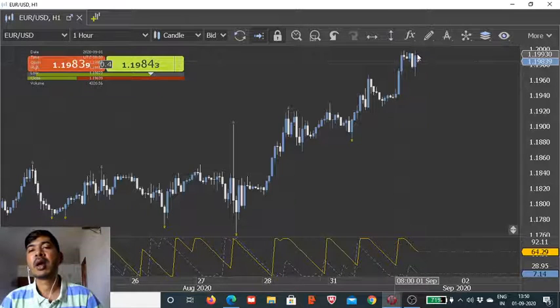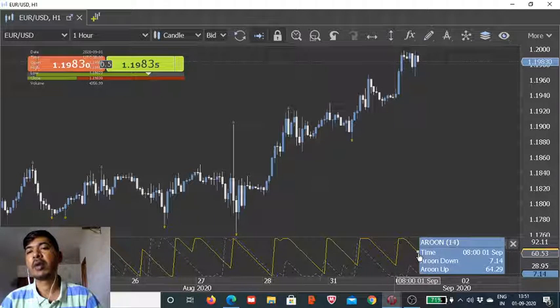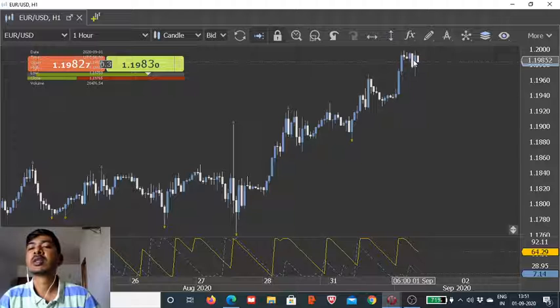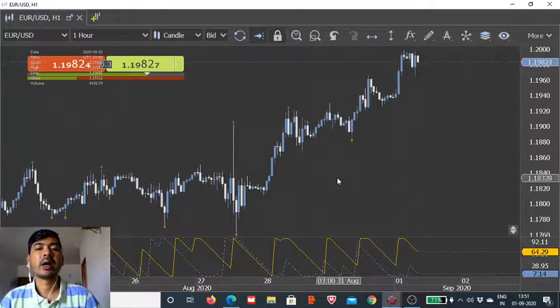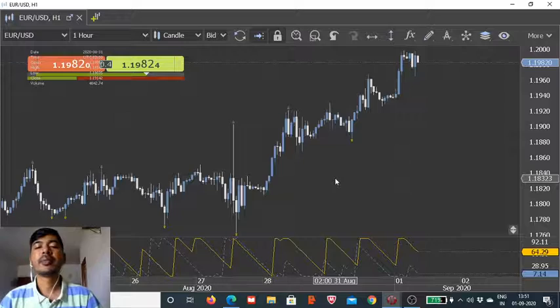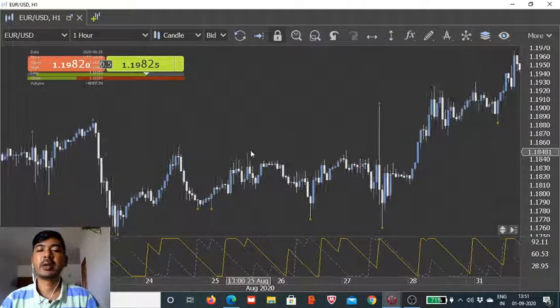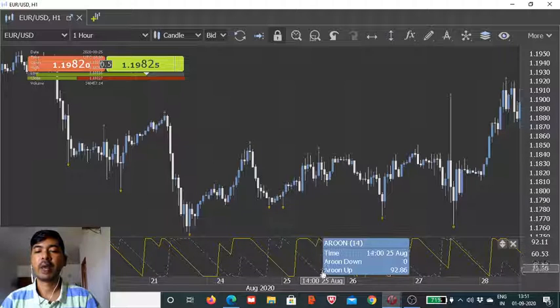Now as time has elapsed since the 14-hour high and we are not really making any fresh high, gradually the AROON value is going down, and if no fresh high is made in the next couple of hours, it will go towards zero. That is how we use this AROON indicator. For bearish trend determination, we use AROON down.